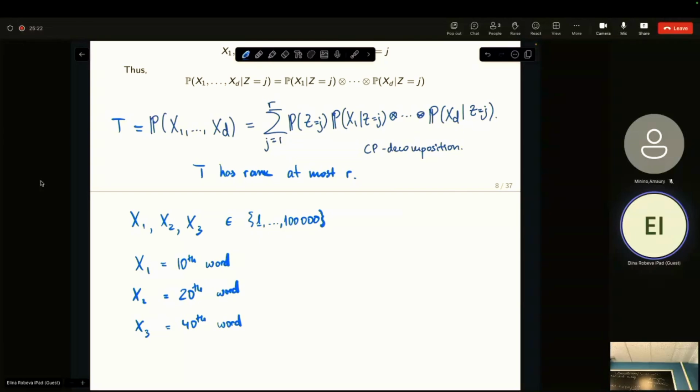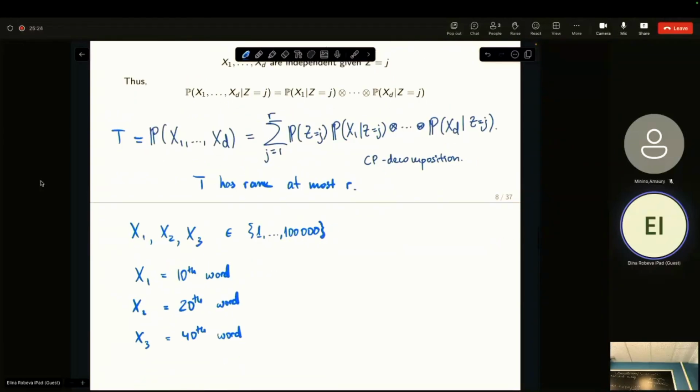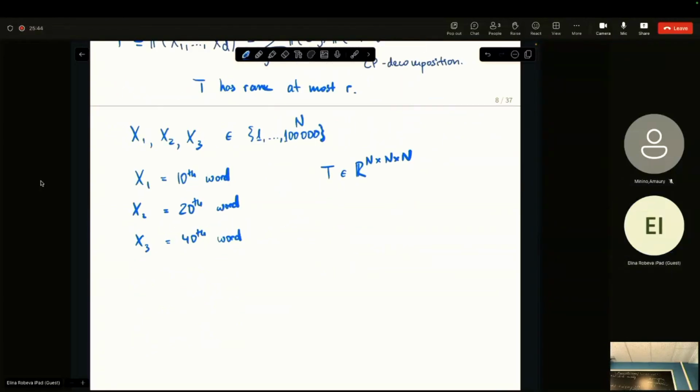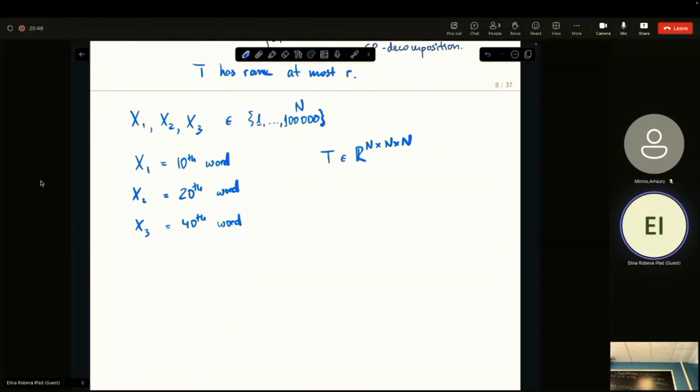And so now each of these words. So this is the same setup as before, right? Each of the x's has some distribution. What I'm trying to say is that each news article might have different topics.